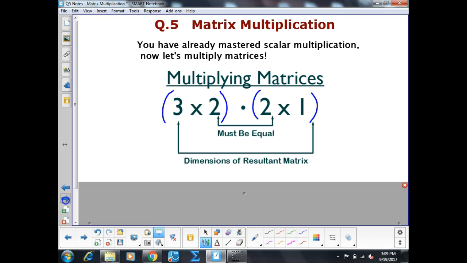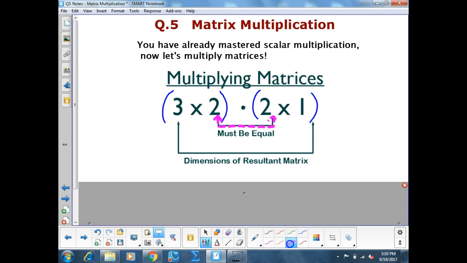This is an example of two matrices that could be multiplied together because these two in the middle have to be equal, the same dimensions. If the number of columns in your first matrix is equal to the number of rows in your second matrix, then yes, it is possible to multiply them.